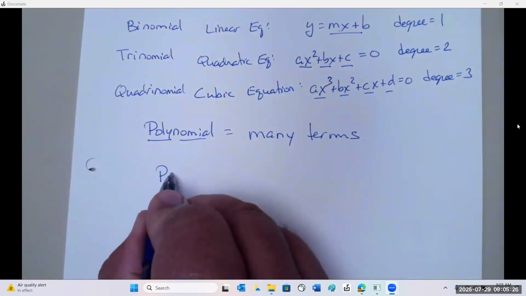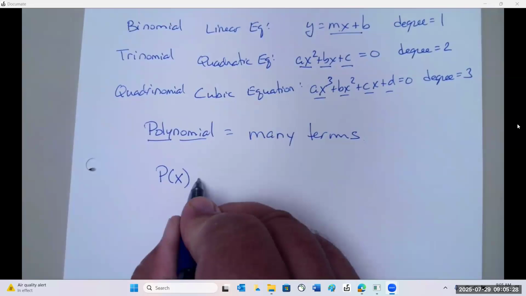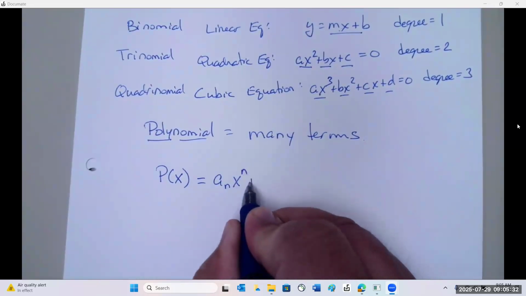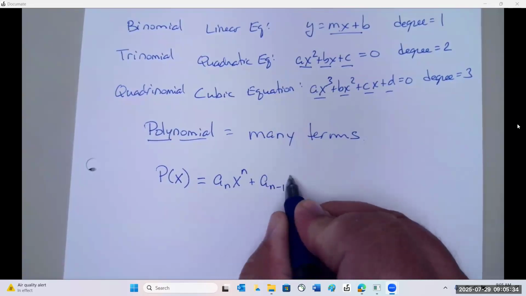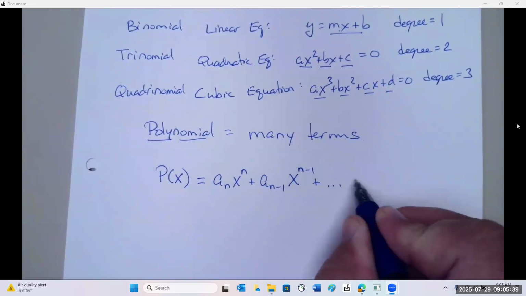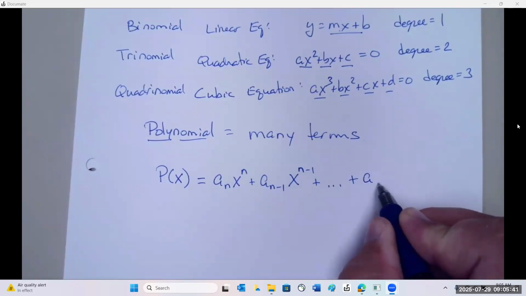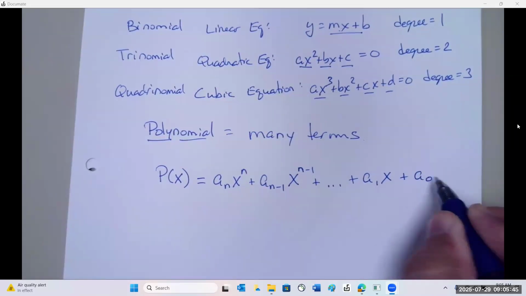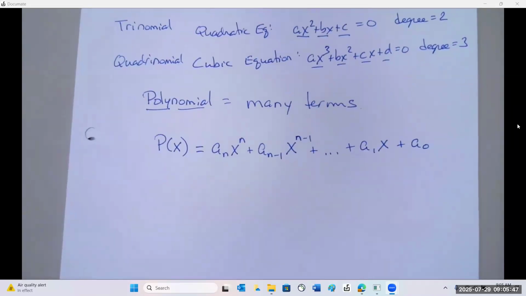So polynomials look like this. That's a polynomial of degree n.